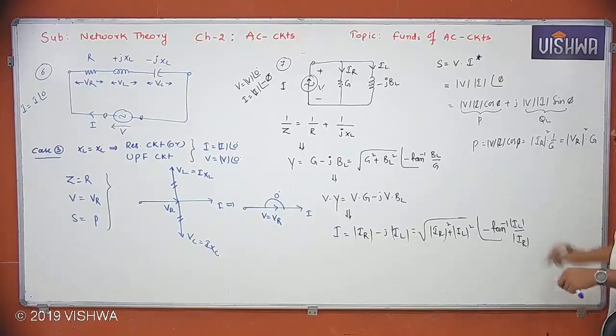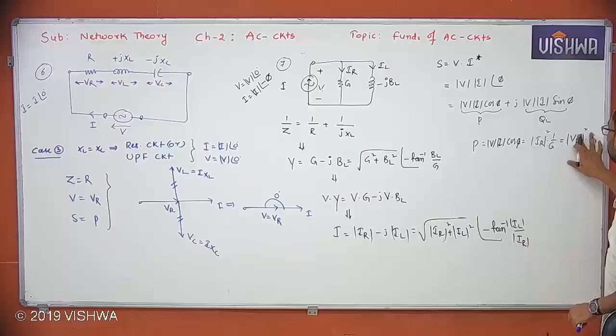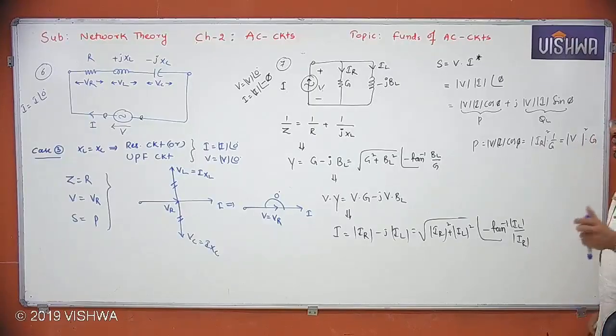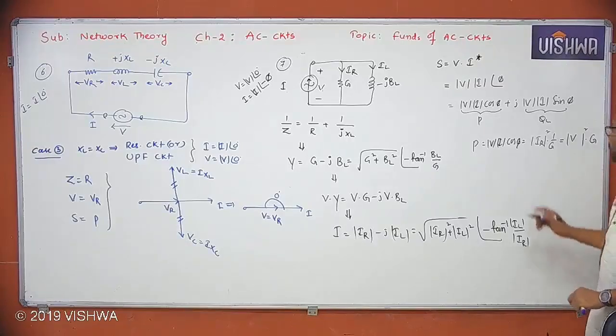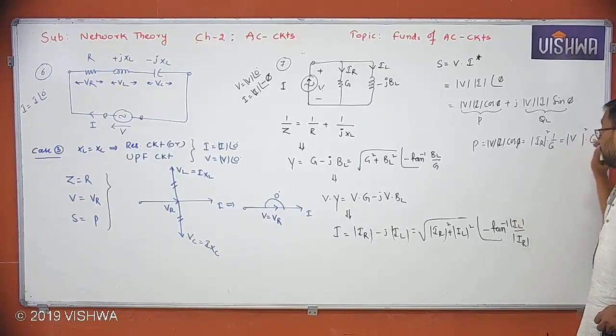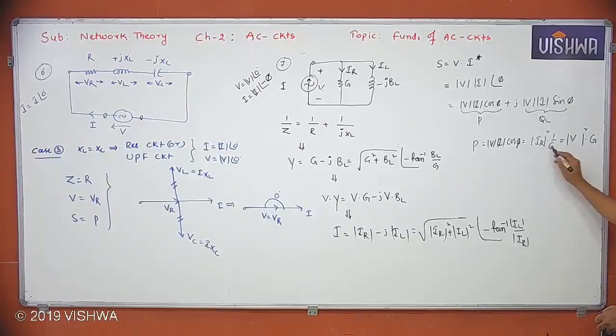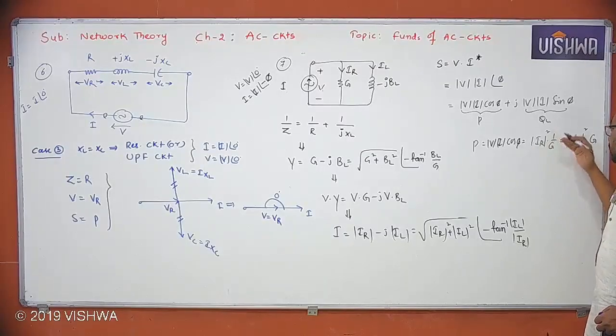But what is VR in this context? VR and V both are the same. In a series circuit, IR, IL, I are the same. In a parallel circuit, VR, VL, V all are the same. But remember always the formula as IR square, VR square. Always remember: IR square R or IR square by G, VR square by R or VR square into G. Both are the same.